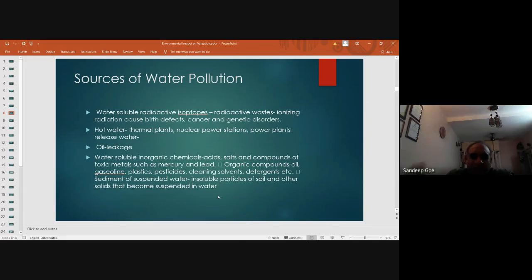A big accident happened recently near Indonesia, in the last week or fortnight, and it created havoc and an ecological imbalance in the area that will put aquatic life in danger. The oil reaches the coastal regions and also impacts the beauty and the fauna and flora of the area. Water soluble organic chemicals, acids, salts, and compounds of toxic metals such as mercury and lead, organic compounds, oil, gasoline. These are the sources of water pollution.